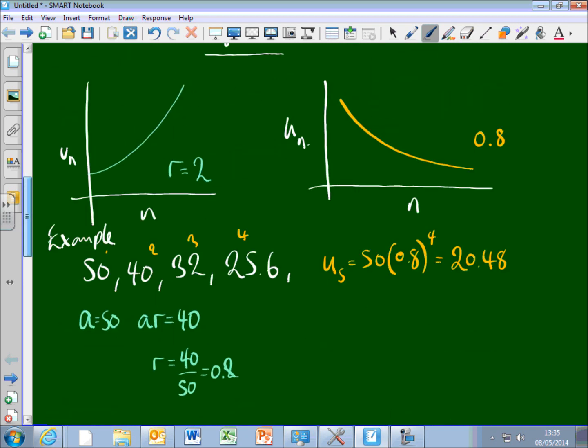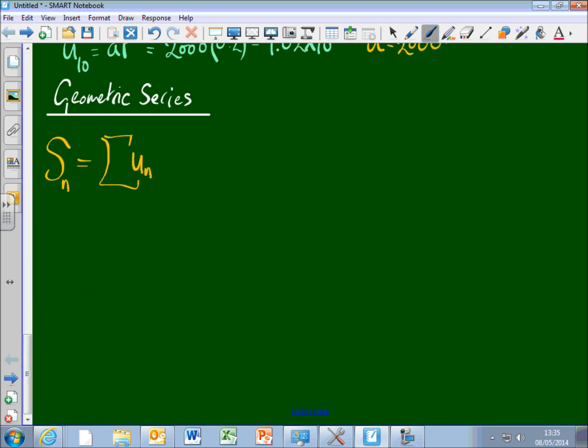So this thing here is saying sum up the sequence un for values of n from 1. That means go from u1, the first term, and then on the top is what number you want it to go to. So in this case, to n.